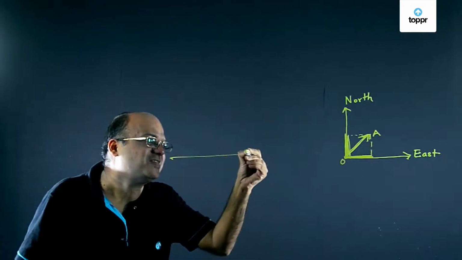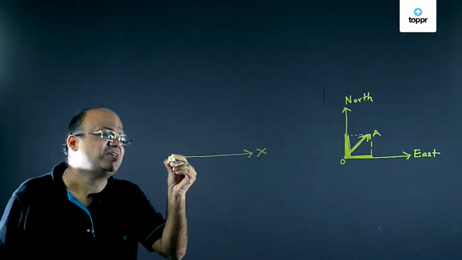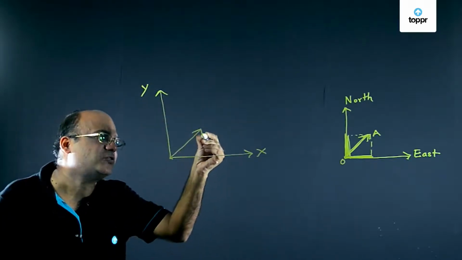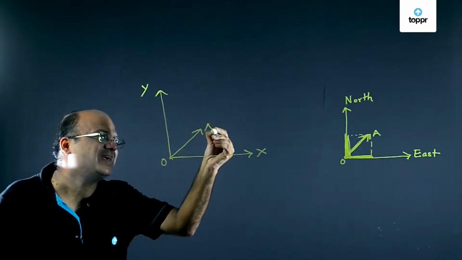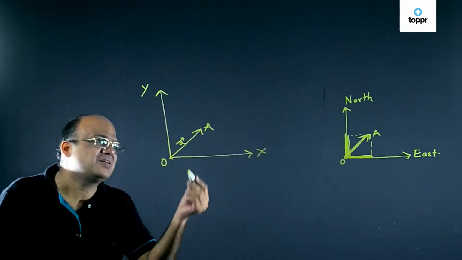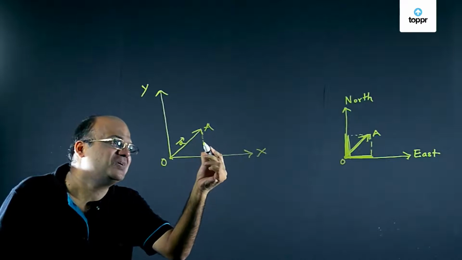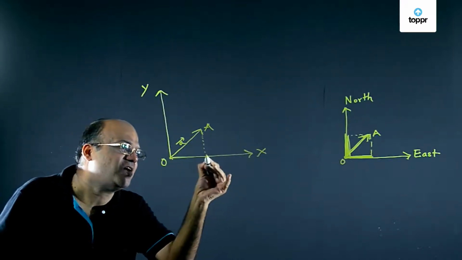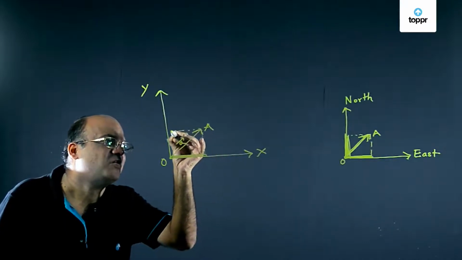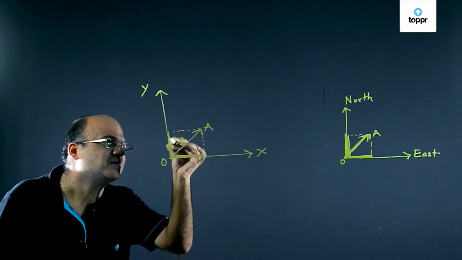This is the meaning of components of a vector. Suppose you have got this as the x-axis, this as y-axis, and there is a vector from here to here, O to A, say A vector. This A vector is equivalent to this much along x-axis plus this much along y-axis.